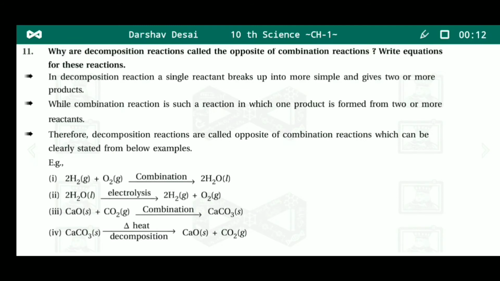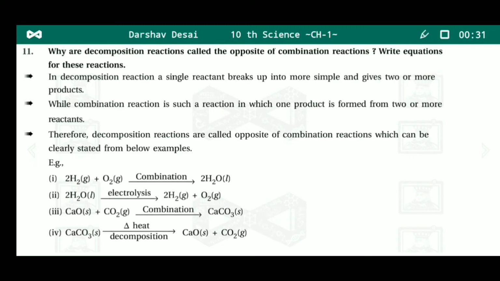The question is: why are decomposition reactions called the opposite of combination reactions? Write equations for these reactions. As we discussed earlier, decomposition means a single reactant breaks down into simpler substances and gives two or more products.